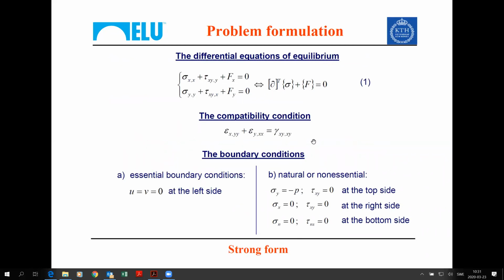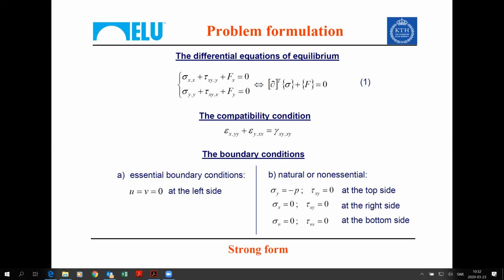Now, what do we have at our disposal? Well, we have some differential equations of equilibrium combined with some compatibility conditions, and of course combined with boundary conditions. These are conditions that our solution will have to fulfill on the boundary. And I would like to remind you that we have two types of boundary conditions.